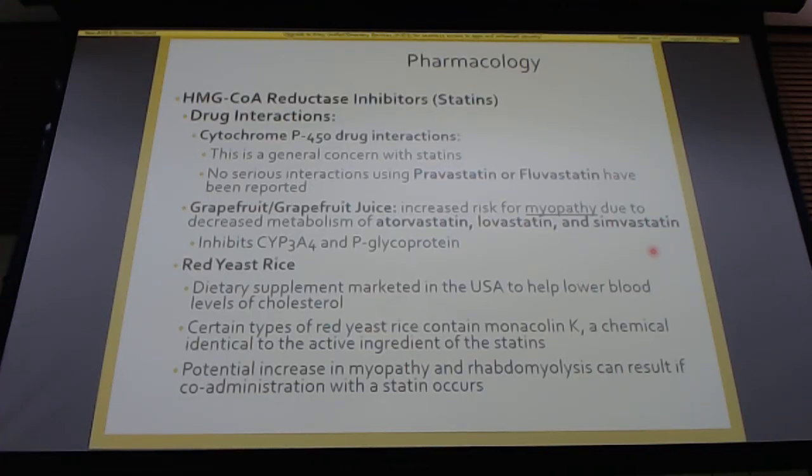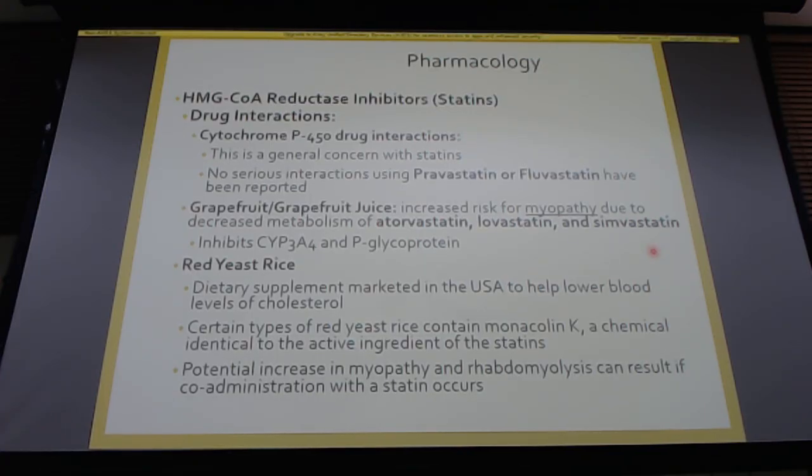So when you're looking at this, just be very aware that, one, they have to eat and drink a lot of grapefruit juice, okay? Like, I'm talking about very substantial amounts. But we always caution people with this, so make sure that you just let them know. You see that your atorvastatin, lovastatin, and simvastatin is going to build up a lot more, and therefore you're likely to see more of that myopathy occurring because of that.